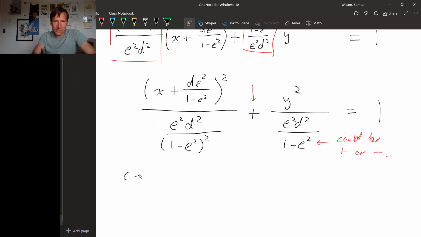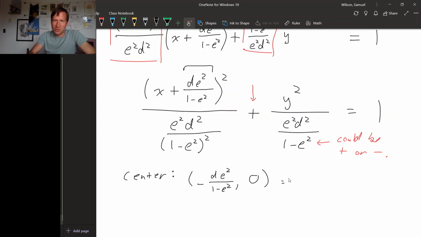So first, let's look at the center. There's no shift in the y direction for this conic section. So the y coordinate of the center is 0. And the x coordinate of the center, it looks like we have a shift to the left here. So the x coordinate is the negative of, right, this stuff here. So negative de squared over 1 minus e squared.